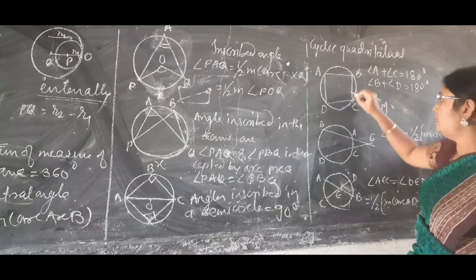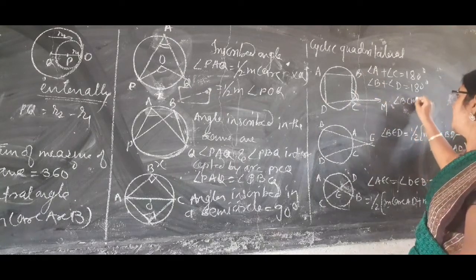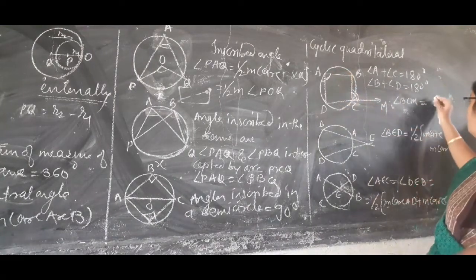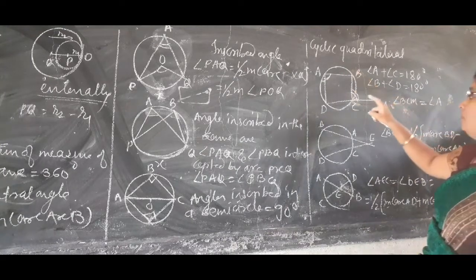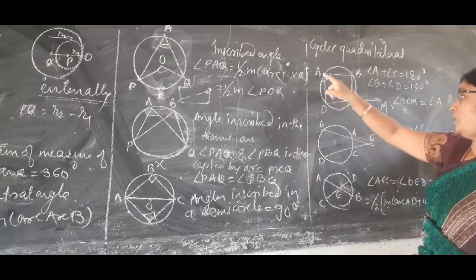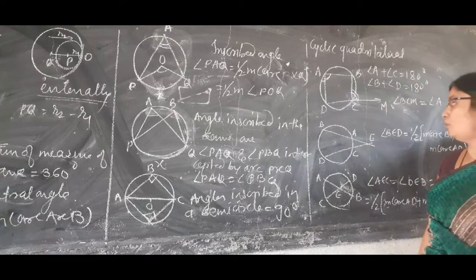And again, this exterior angle BCM is equal to the opposite interior angle, that is angle A. These two angles are also congruent. These are the properties of cyclic quadrilateral.